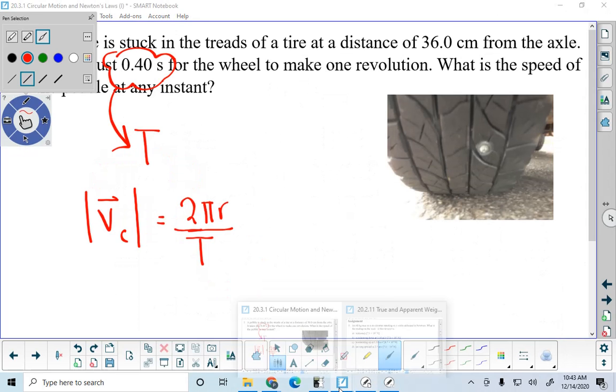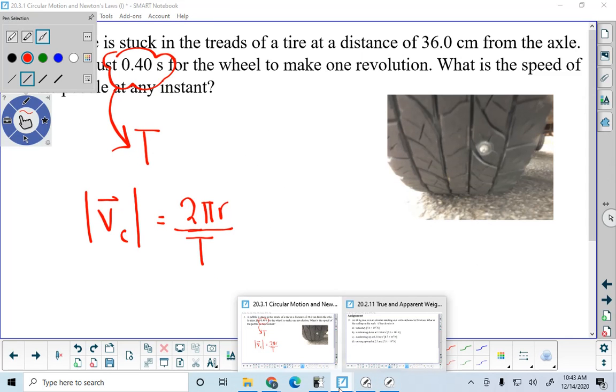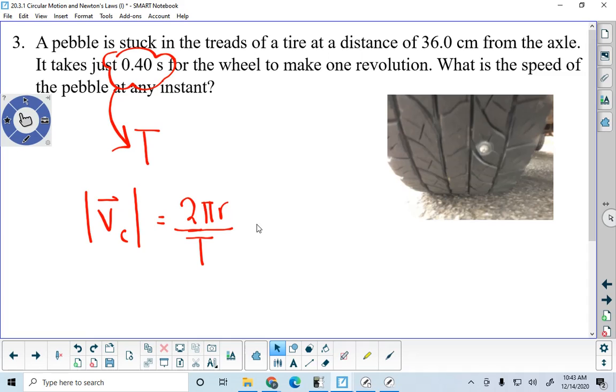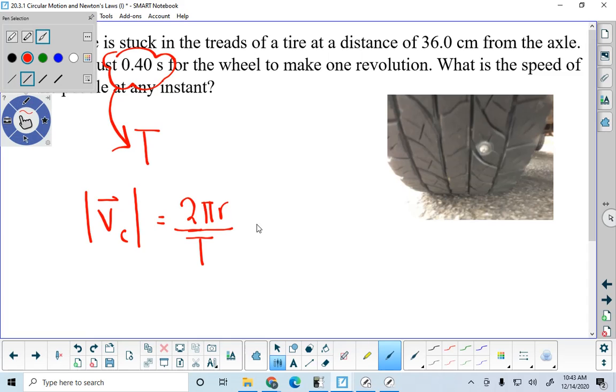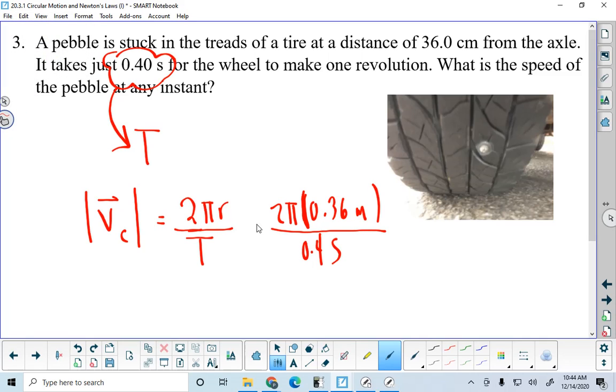So this is a really simple question, you guys. You have to take 2 times pi times r, 2 pi r, which is 0.36 meters. We want to work in meters, not centimeters, and divide by the period of 0.4 seconds, and you're going to get an answer. So do me a favor and calculate that for me.